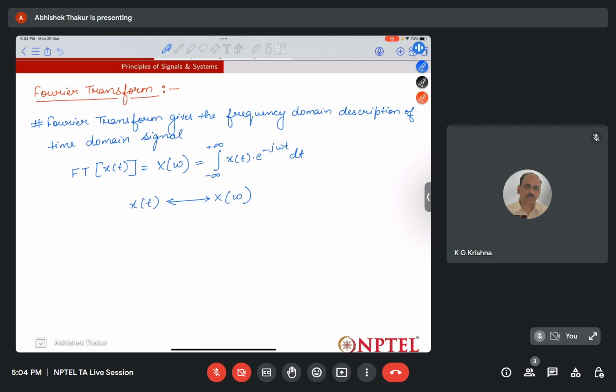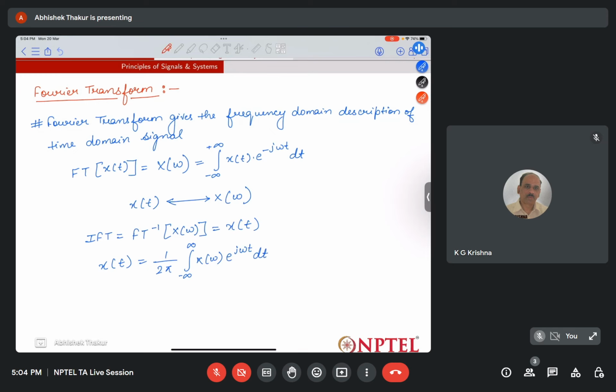Now for the inverse Fourier transform, this will be the Fourier inverse of X(omega), which gives x(t). Using the inverse Fourier transform, the formula is 1 by 2 pi, integration from minus infinity to infinity, X(omega) e to the power of j omega t, d omega.